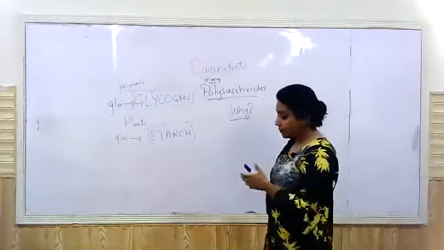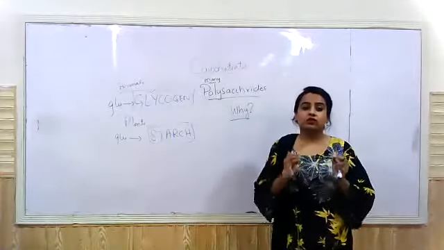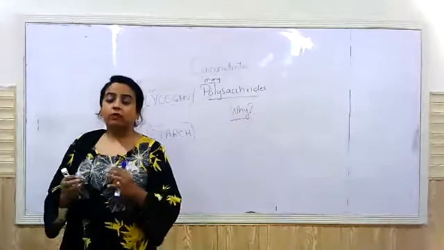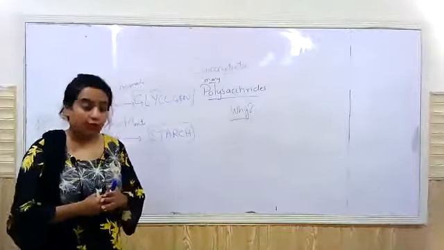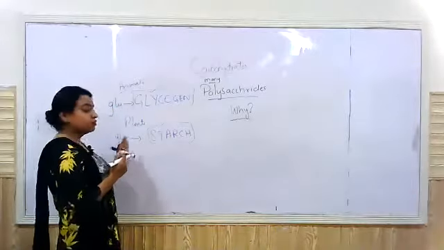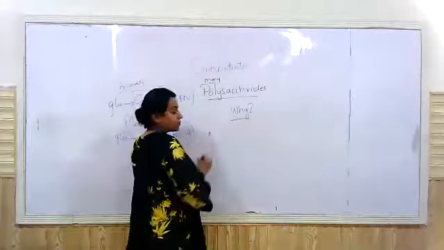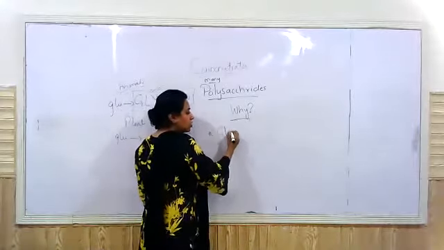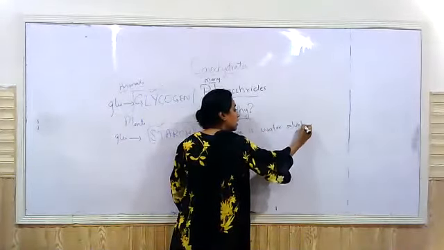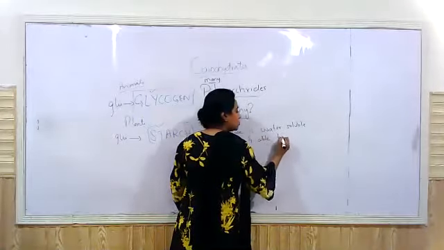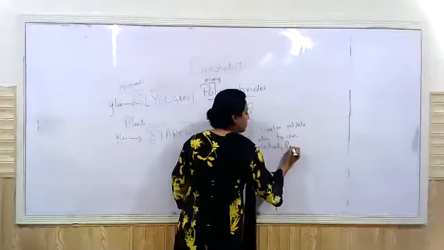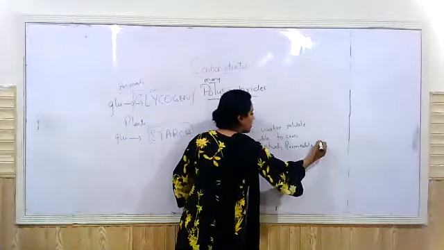The first point: glucose is water soluble. Any molecule that is water soluble cannot be stored, because it will keep moving from cell to cell, right? So the first reason why we need to convert glucose to glycogen or glucose to starch is, number one, because glucose is water soluble and able to cross the selectively permeable membrane.